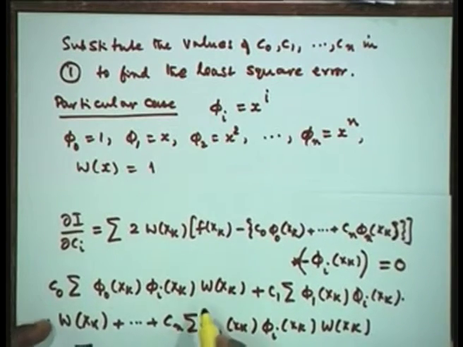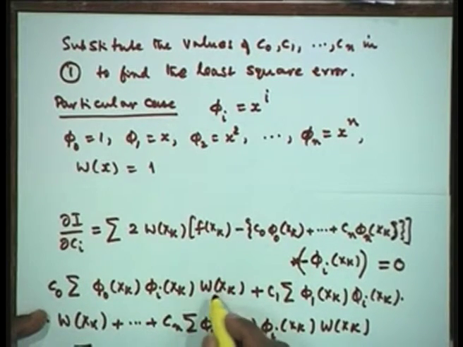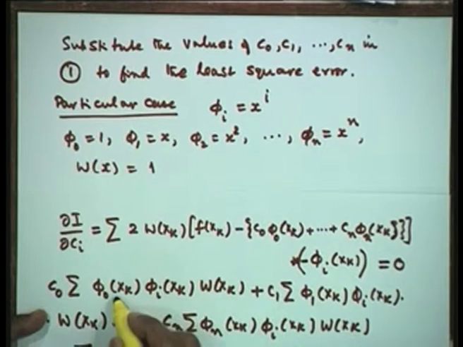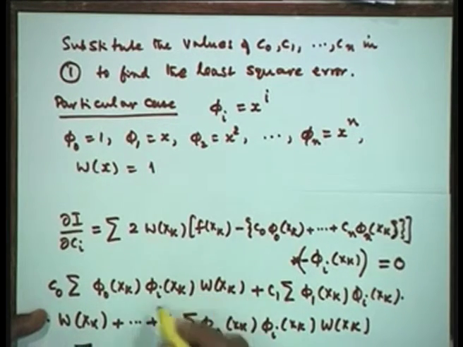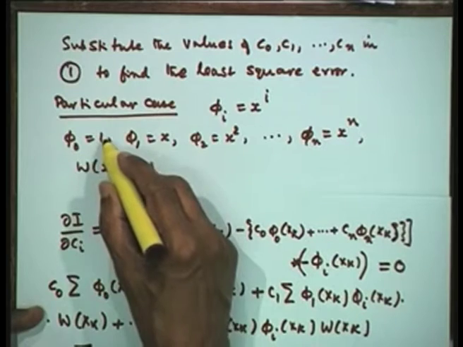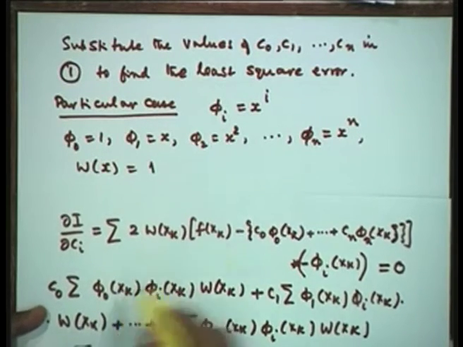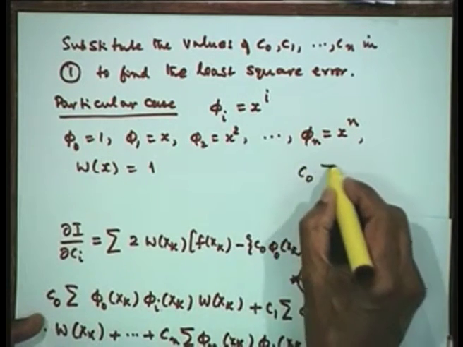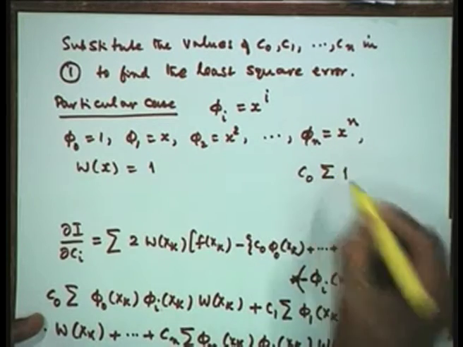Then we can see that the first coefficient will be w of x is 1, and you are now multiplying by the first equation for i is equal to 0. For i is equal to 0, this is phi 0 square, and phi 0 square is 1 square. Therefore, the first term will look like C naught summation of 1.